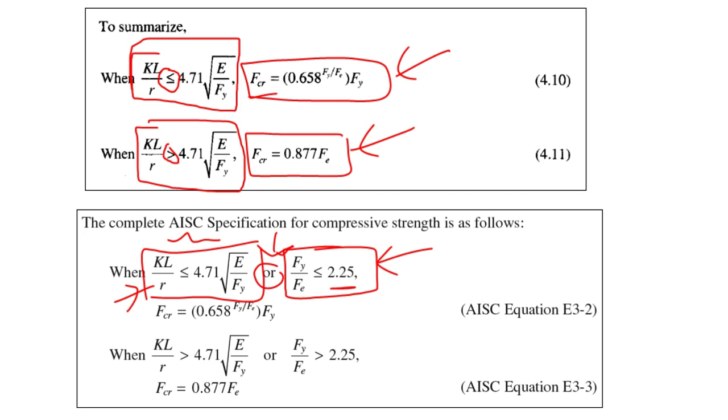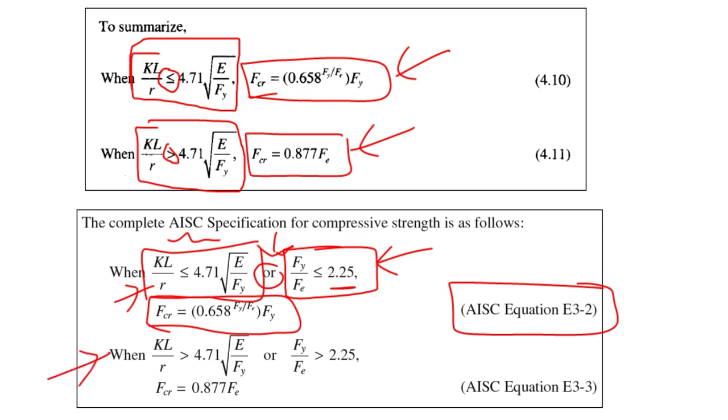And Fcr is going to be, as we said, for inelastic buckling, and you can find it in equation E3-2 in AISC. And for the other case, for elastic, we are also going to take two types of limitation. The first one is the slenderness ratio limit, and the second one is related to Fy over Fe.